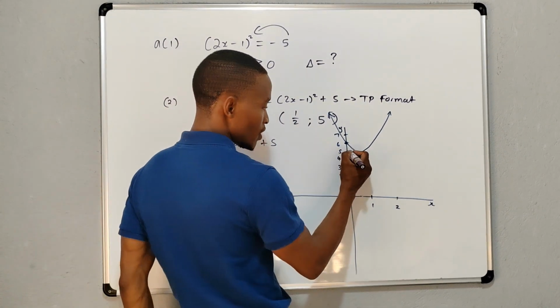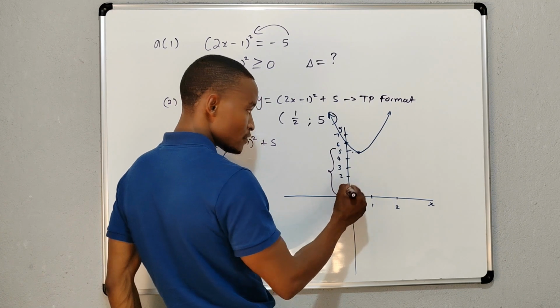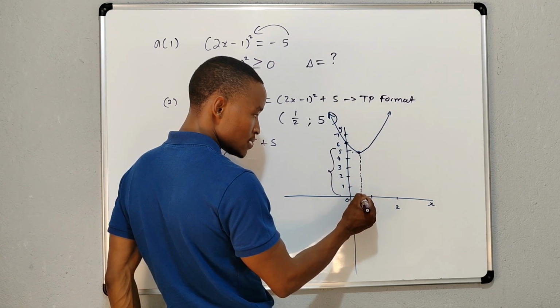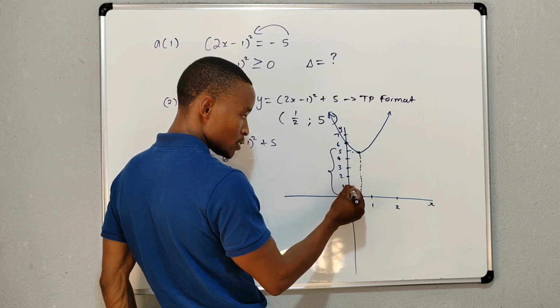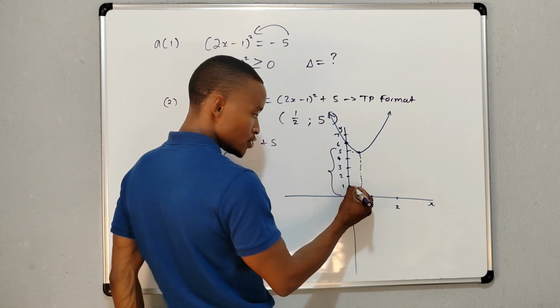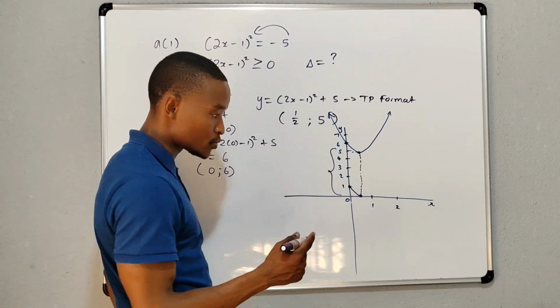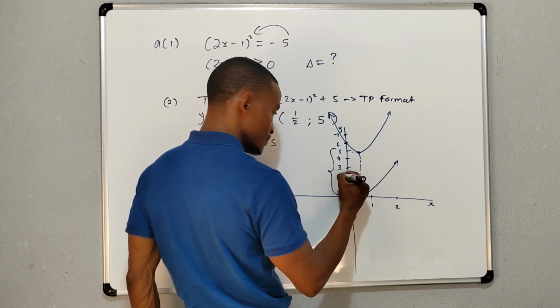Okay, we know that the turning point there is 5. So the vertical distance here is 5 units. If we take this all the way to the x-axis, and obviously the y-intercept will also move down to what? 1, right? Look at how the new graph will be. You're not asked to sketch it, I'm just giving you a visual representation of the solution here.